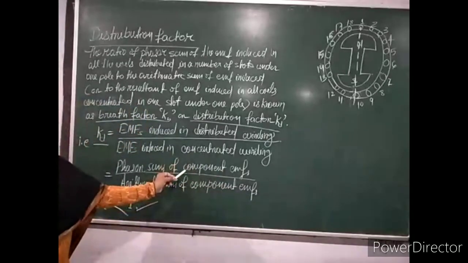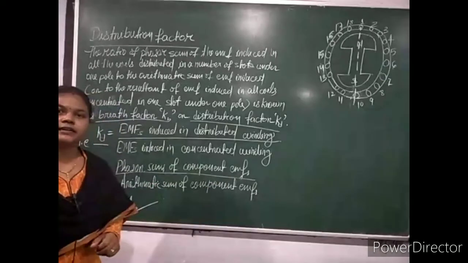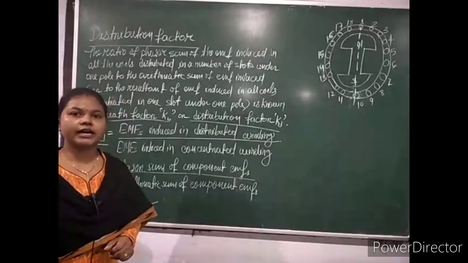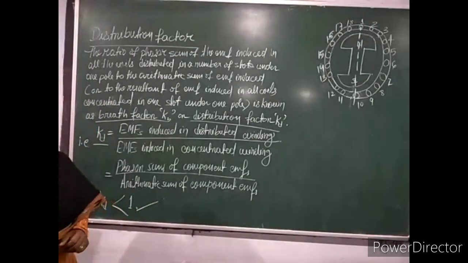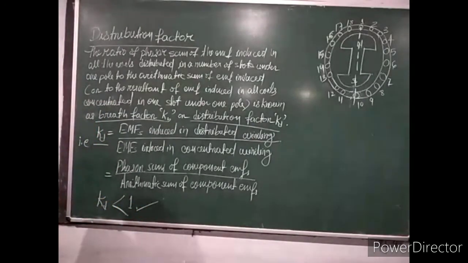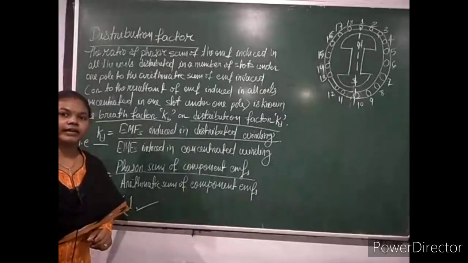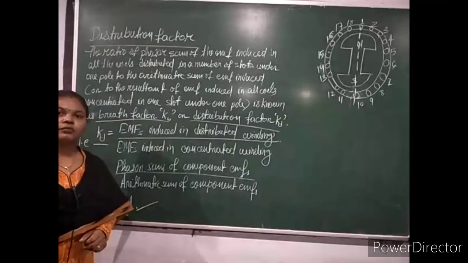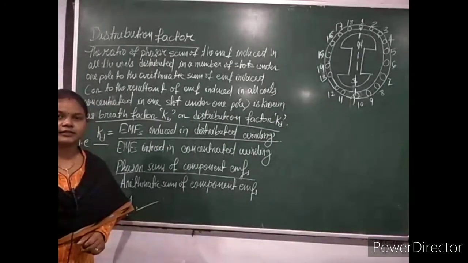What do you mean by component EMF? That is the EMF induced in different coils of one phase under each pole. Clear? So for finding KD, you need a better knowledge of distributed winding and concentrated winding, which we discussed in our previous lecture class.